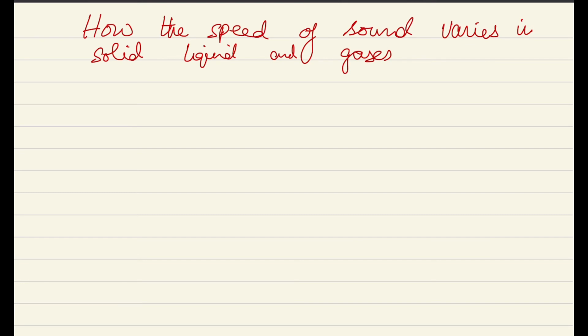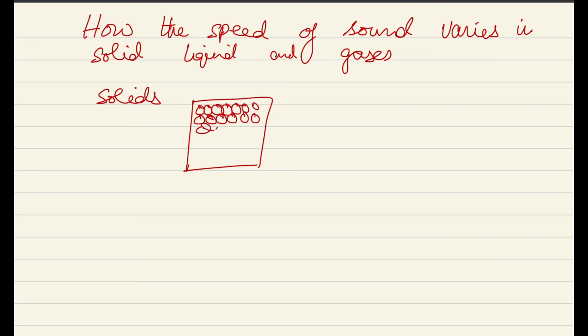As you know, let me just give an example of a solid. This is a solid. The particles in solids are tightly packed with each other and they're very close to each other. So these are the particles in the solid. They're tightly packed and very close to each other.